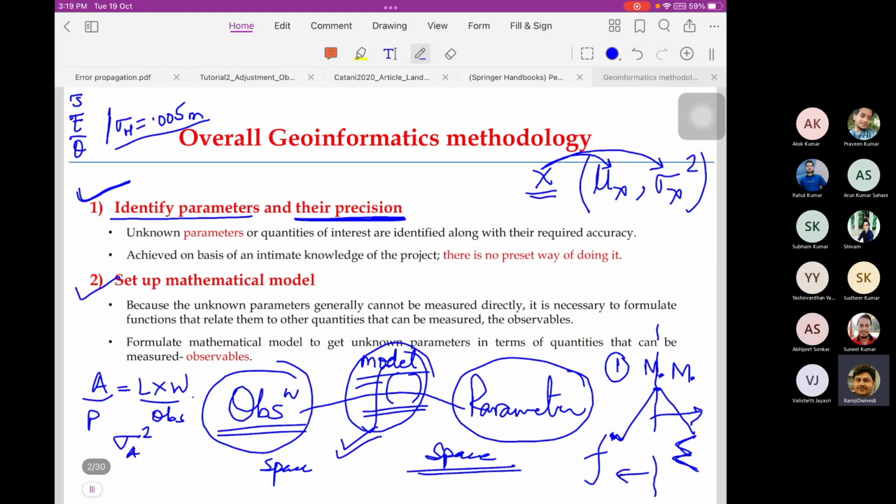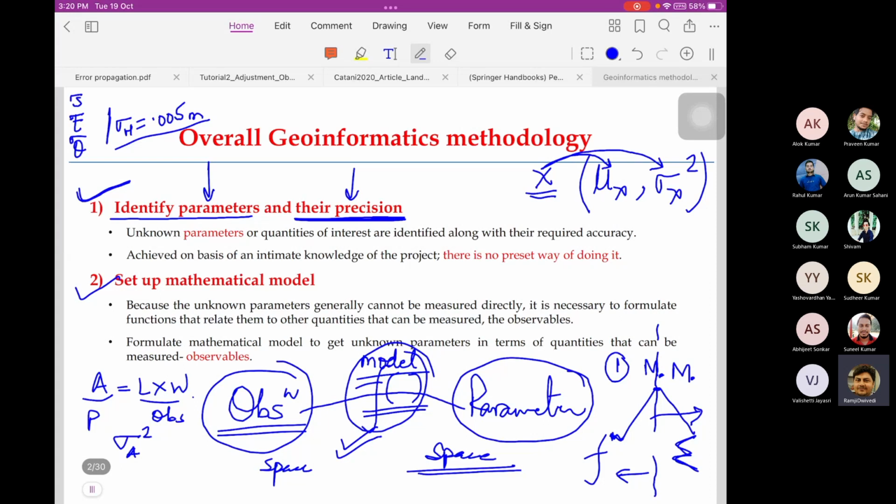Similarly here, once you identify the parameters and you know what is the final precision required, immediately in the back of your mind you think of whether I'm capable of achieving it or not. That's the pre-analysis.